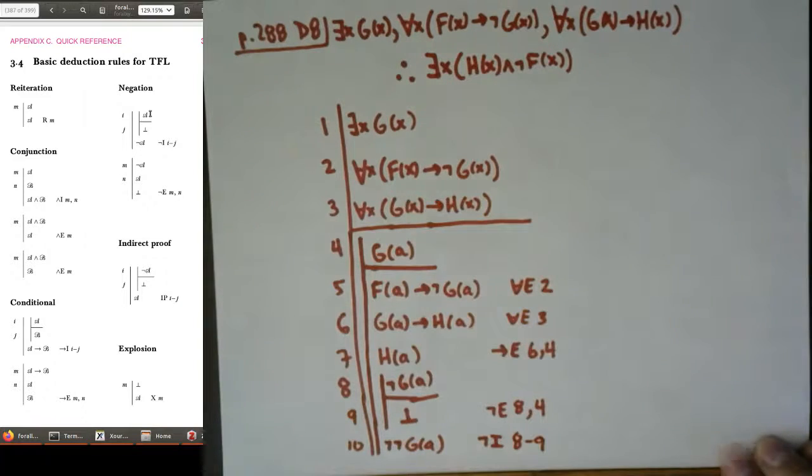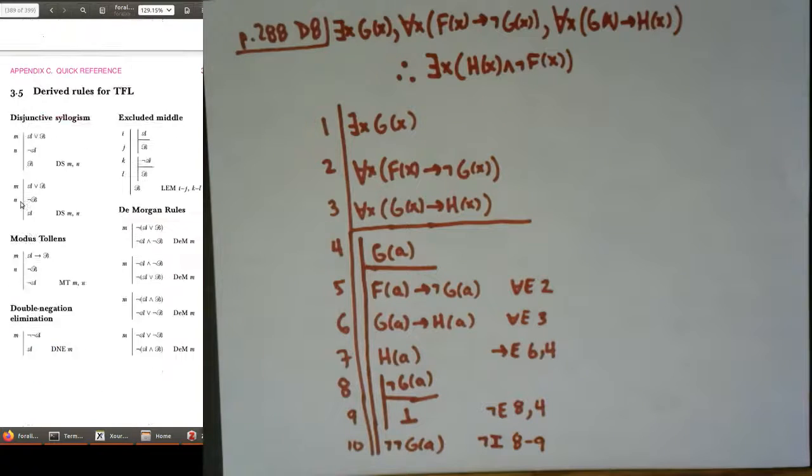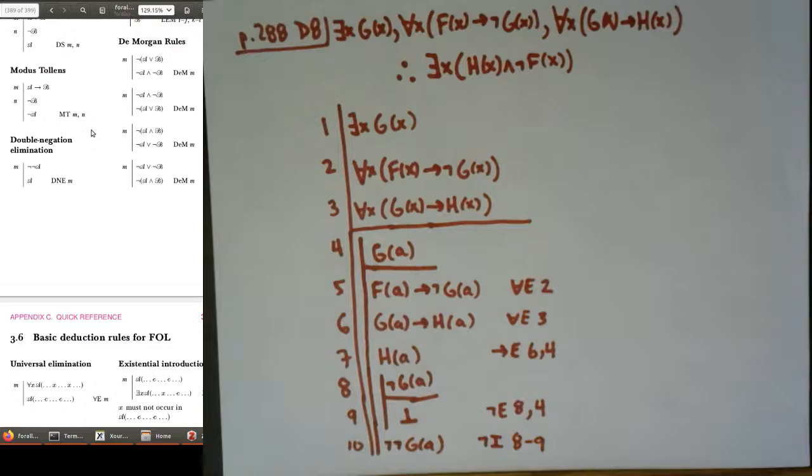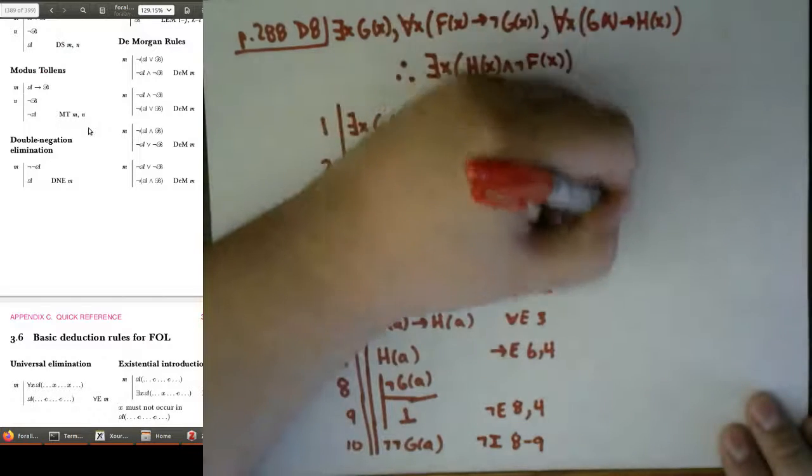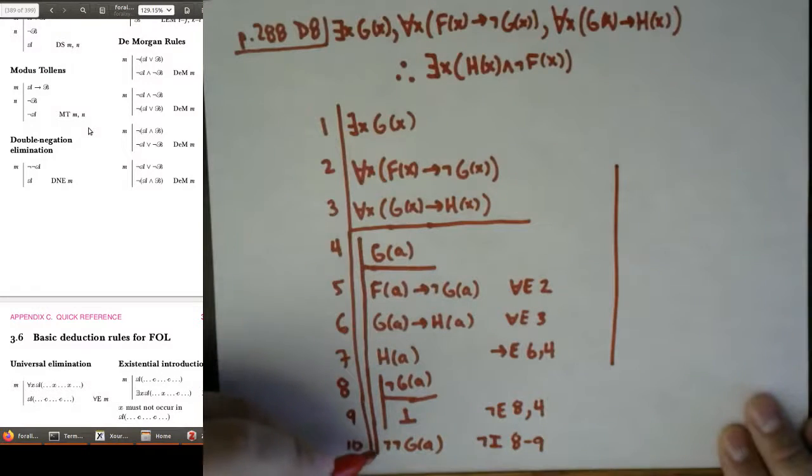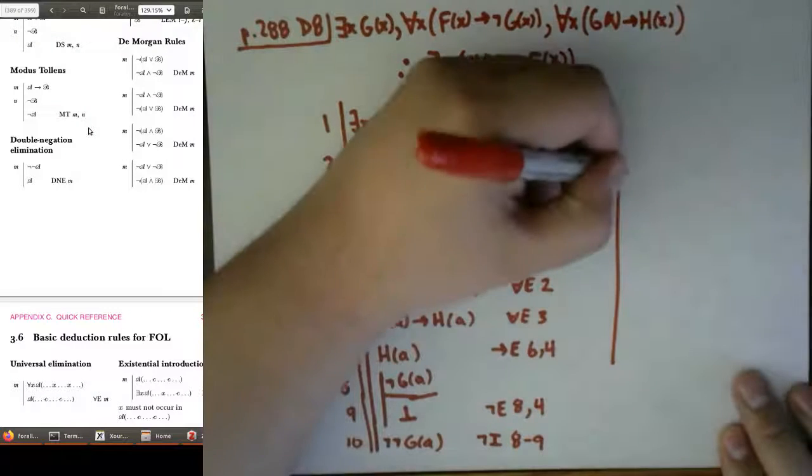Okay, so now I have not G of A, and just like in the previous video, I'm able to use modus tollens to conclude. I am still inside this second subproof.